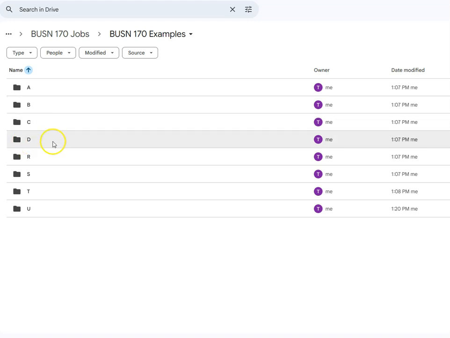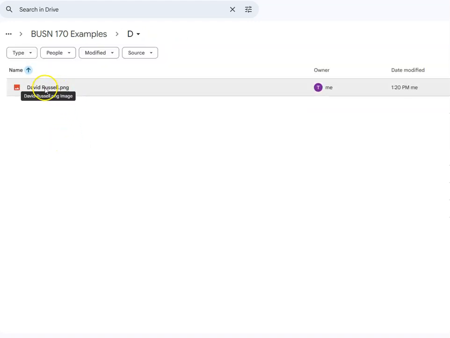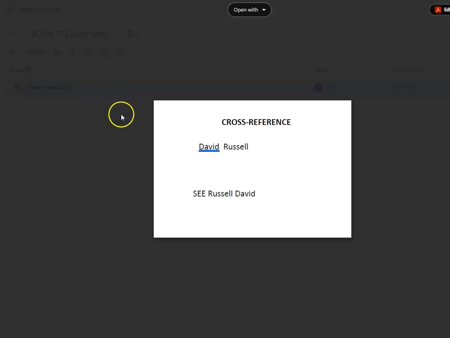So what I'm going to do is go into my D folder to look for David. And here's the file that I created, and it's a cross-reference sheet. So this is what my cross-reference sheet says. It has the cross-reference name, so David is my key unit. It's filed under my D folder, and then unit 2 is Russell.